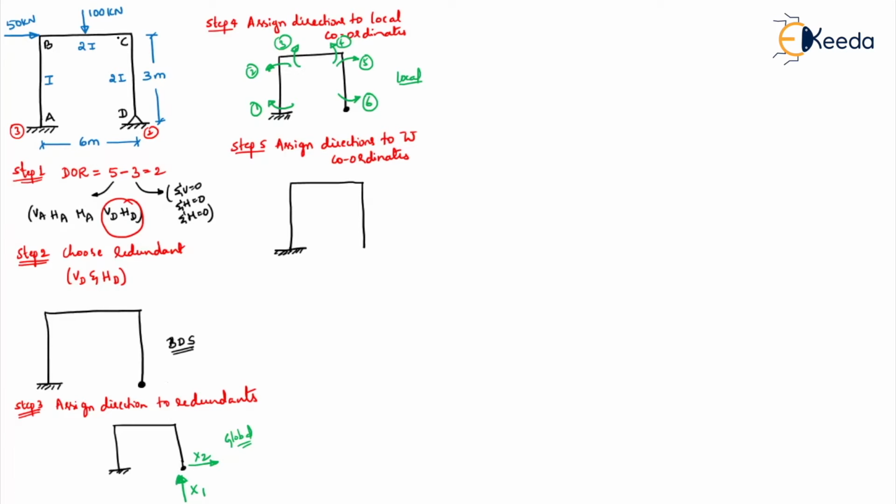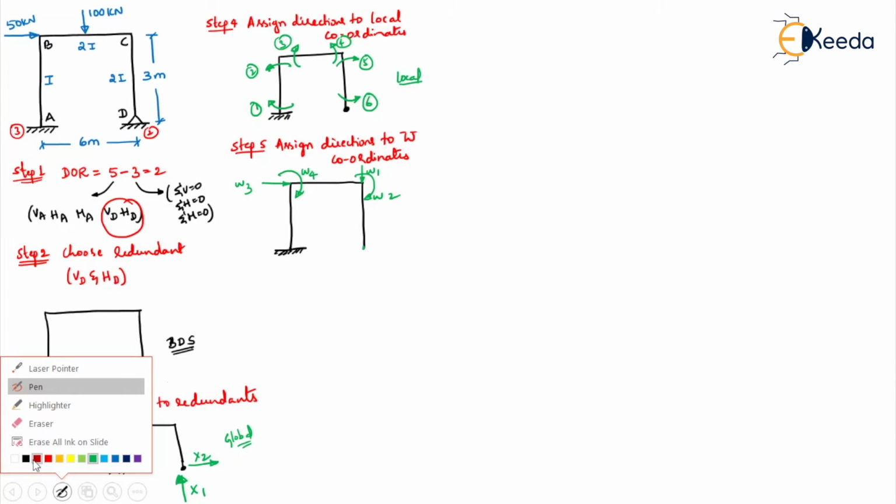So either here at B or at C you need a vertical coordinate. Along with that, compulsory we have to take the moments. Right, so your W coordinates will be, first I'll take this as W1, then I'll take a moment here as W2, then one horizontal here as W3, and then one moment here as W4. So these are the four W coordinates. Here you don't have to take horizontal because it's already there here, and here you don't need vertical because there is no vertical force here. Okay, so this is how your W coordinate will be looking.